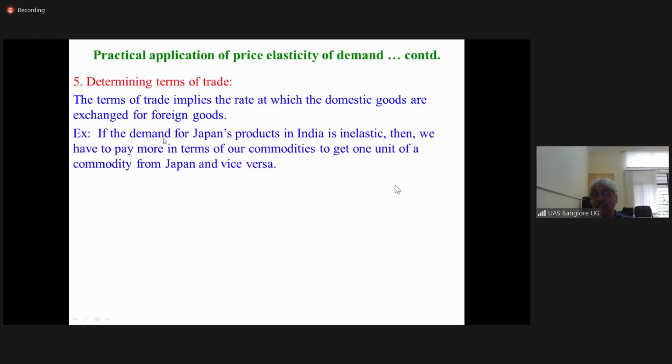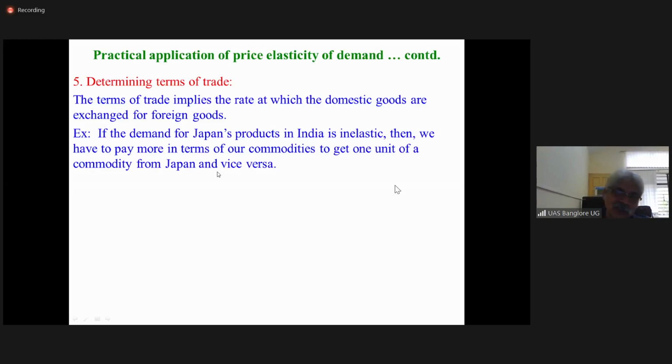Example, if the demand for Japan's products in India is inelastic, then we have to pay more in terms of our commodities to get 1 unit of a commodity from Japan and vice versa. Suppose we want electronic goods from Japan, and in turn, we are ready to make the payment in terms of, say, potato.